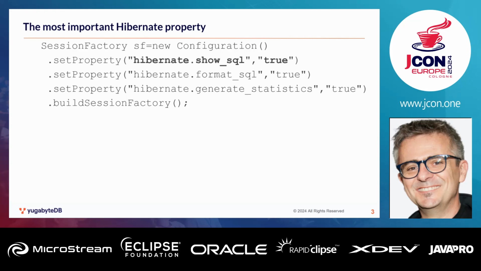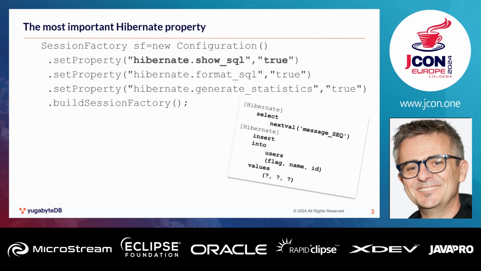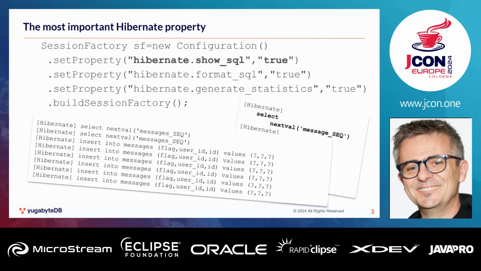And with Hibernate, you can show SQL, so at least you can see the SQL statement that it is running, with format SQL you can see it formatted in multiple lines. I usually don't need it because the most important thing for me is how many SQL statements are run behind, so you want to see them in lines.